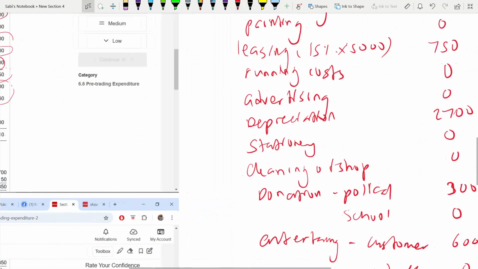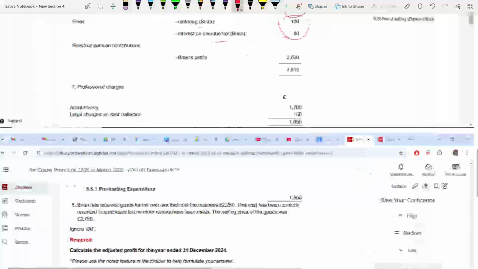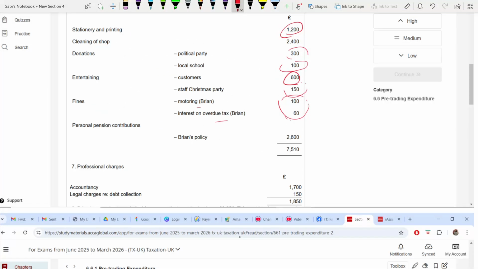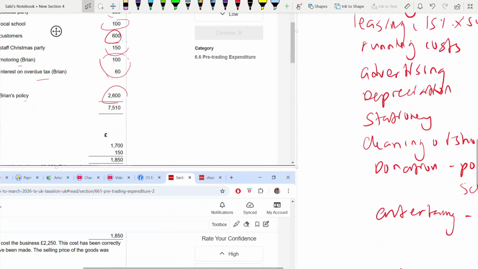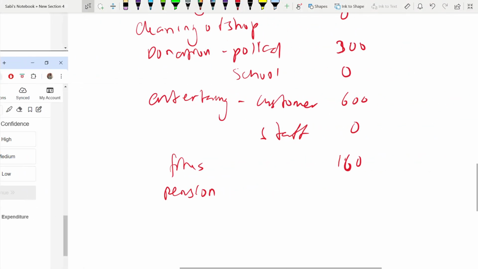So fine is disallowed, 160. Add back. Either you can show 160 separately. Then pension contribution. So this pension contribution, Ben's policy, it is personal pension contribution, not allowable, 2600. So pension 2600, add back, disallowed.